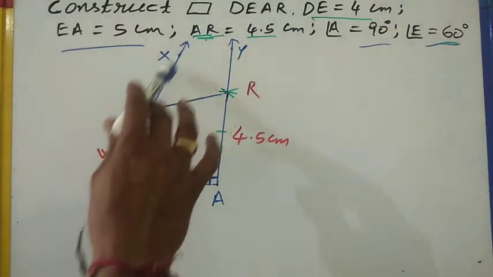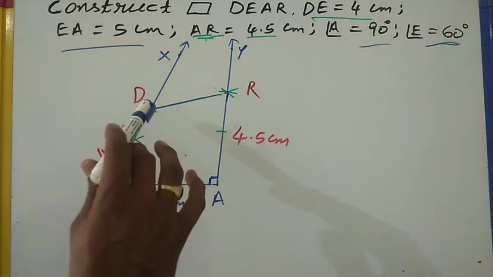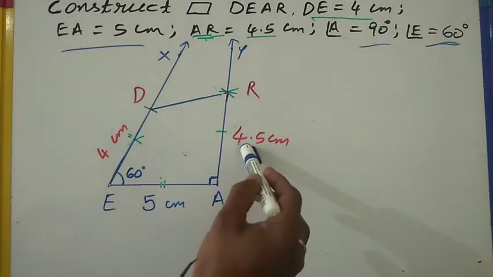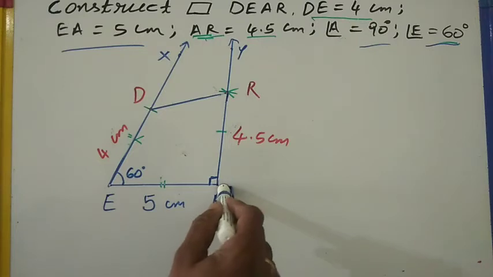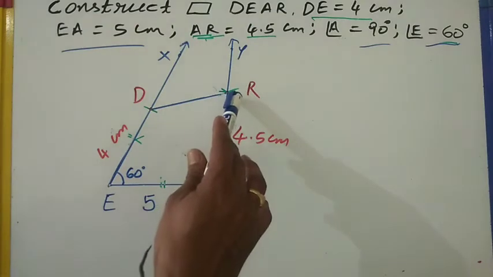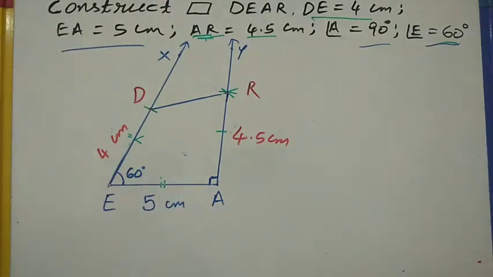Let the point of intersection of an arc and EX ray is marked as vertex D or point D. Similarly, 4.5 centimeter as the radius of compasses, A as the center, cut ray AY by an arc. Let the point of intersection of arc and AY ray is named as R. Join DR. Thus, the quadrilateral DEAR formed. So, these are the steps of construction, simple steps of construction.